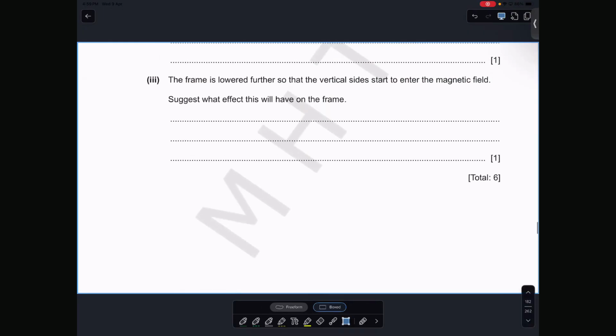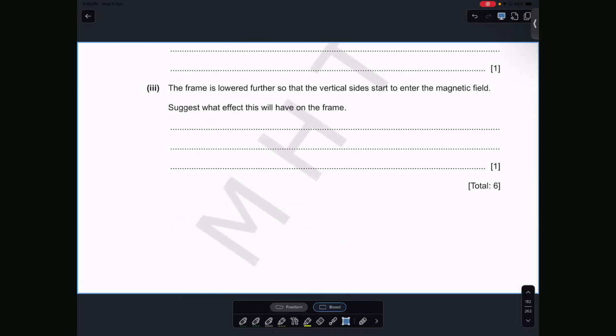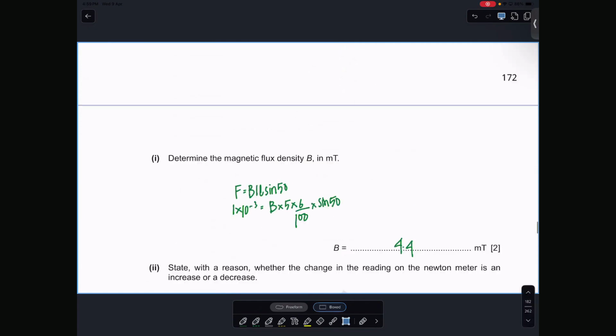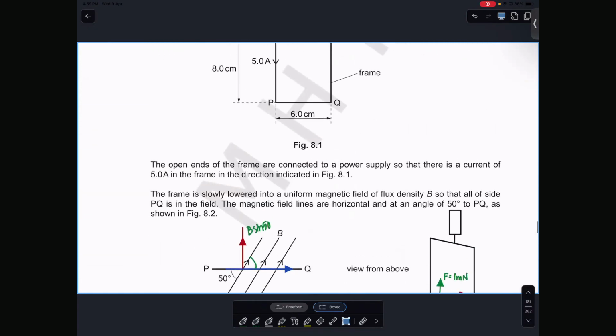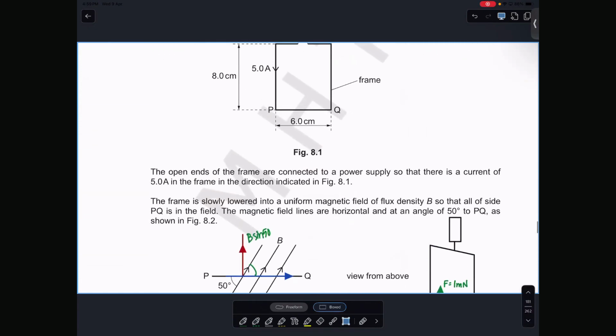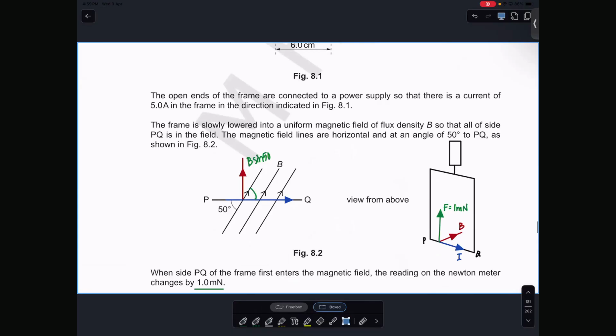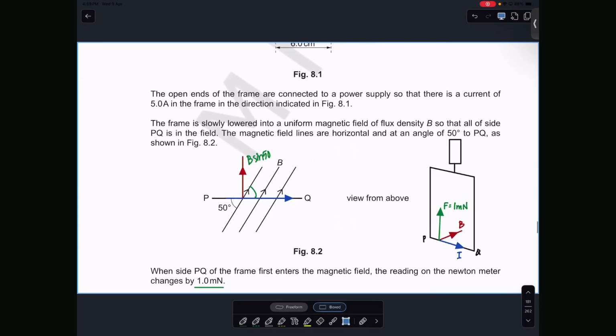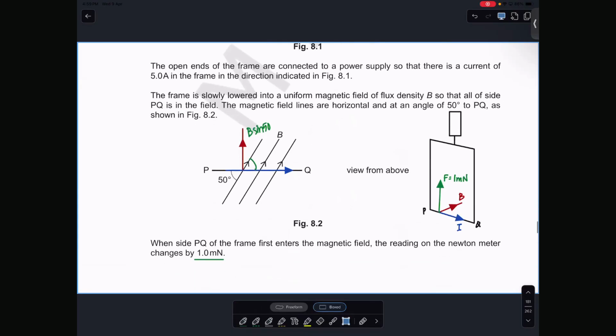The frame is lowered further so that the vertical side starts to enter the magnetic field. Suggest what effect this will have on the frame. The vertical ones start to enter the field. Vertical one. There's two sides, right?